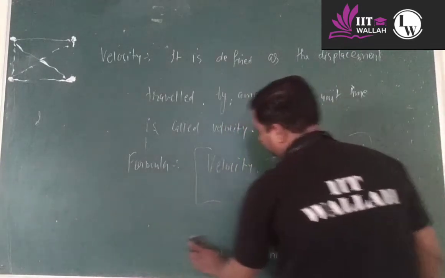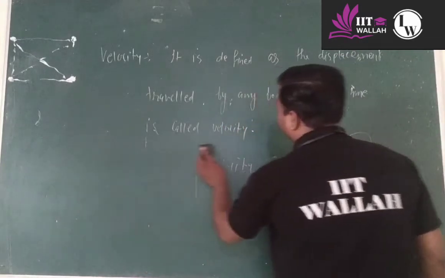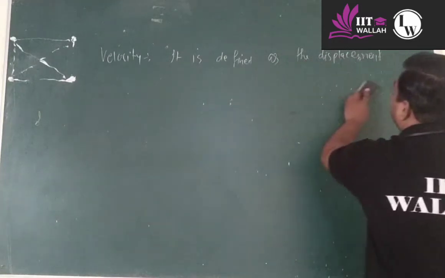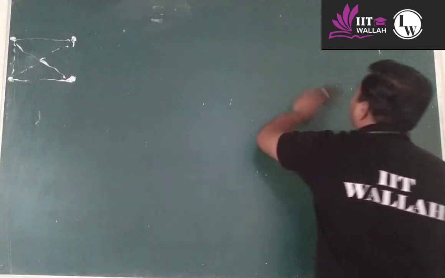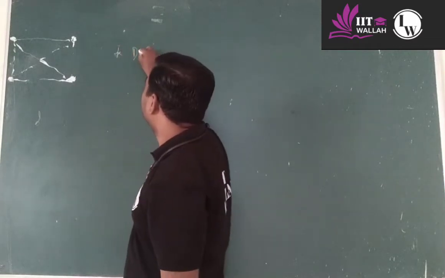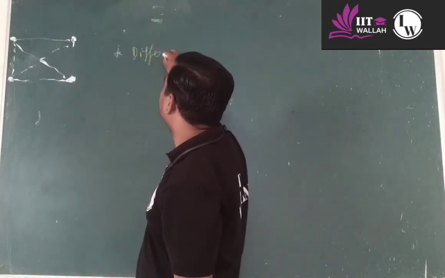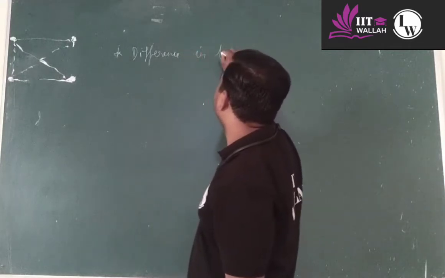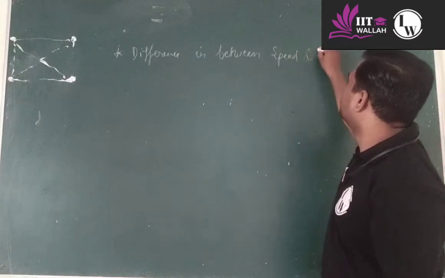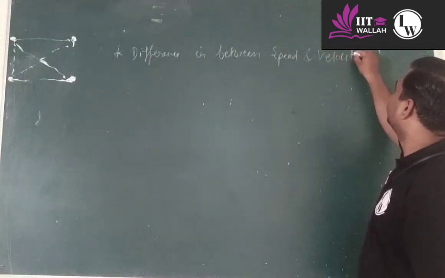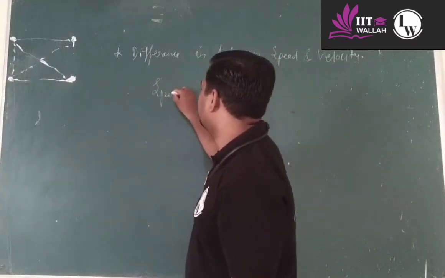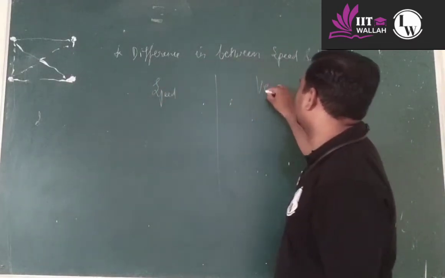Now you can write the difference between speed and velocity. So write here speed and write here velocity.